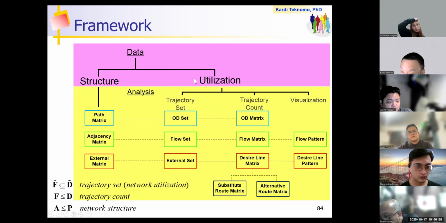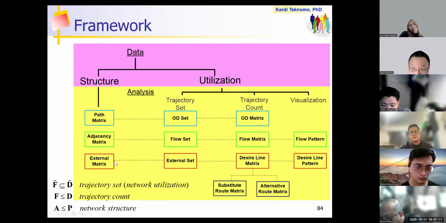Okay. So the path matrix is actually related to the OD set, related to the OD matrix when you count. Well, the adjacency matrix is related to the flow set, related to the flow matrix and the flow pattern if you visualize.